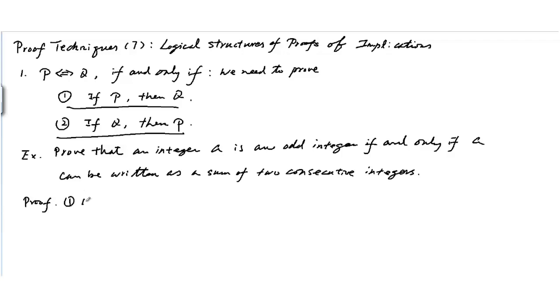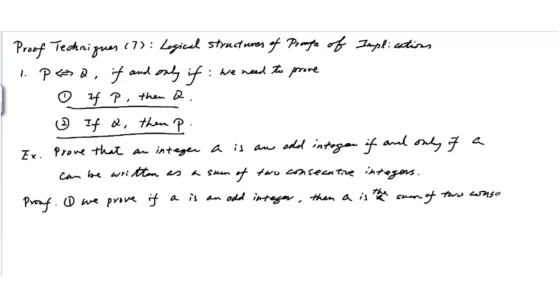One, we prove if a is an odd integer, then a is the sum of two consecutive integers.